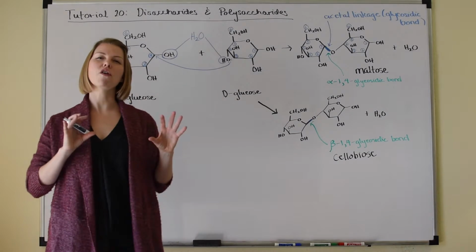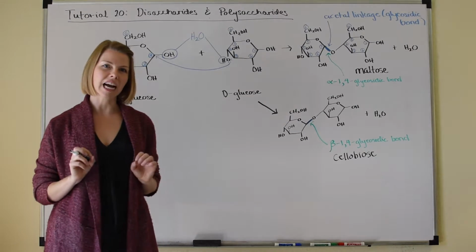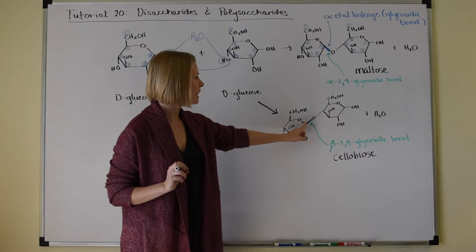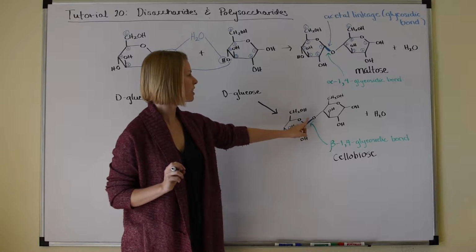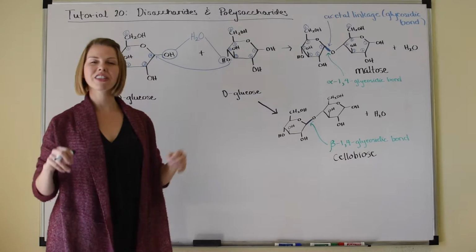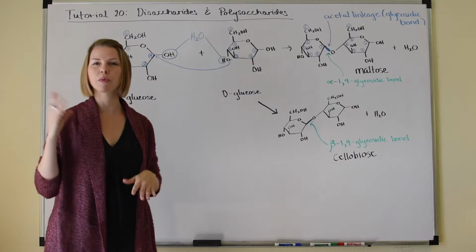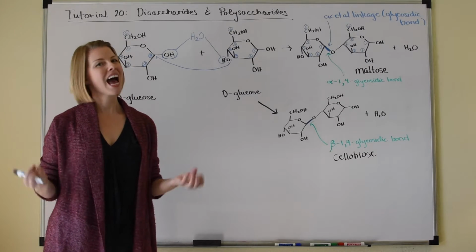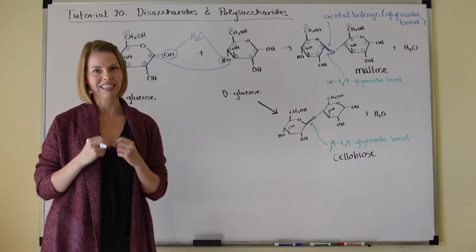Okay, so two very different disaccharides, all because of that little difference in the orientation of the glycosidic bond. If you're thinking, oh, this is kind of trivial, who cares if it points up or down, it's not trivial. It's actually very, very important how these monosaccharides link together.